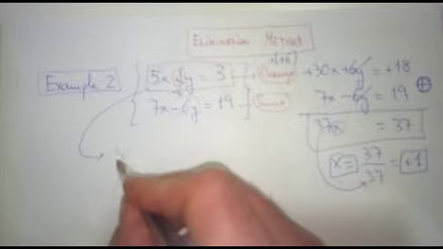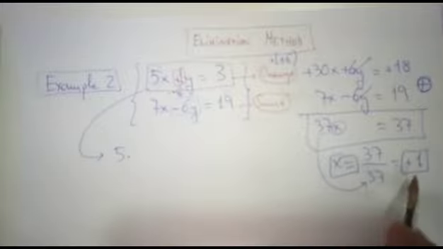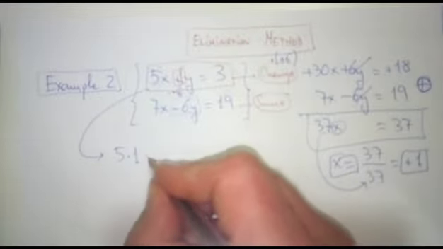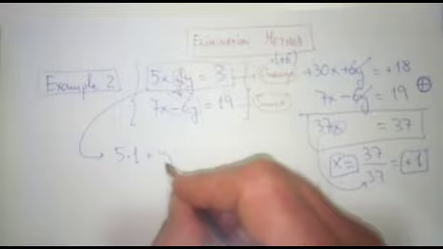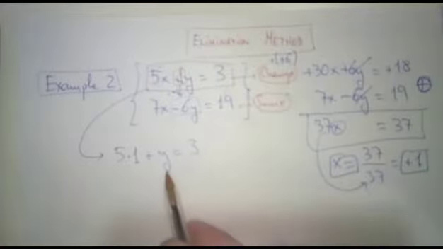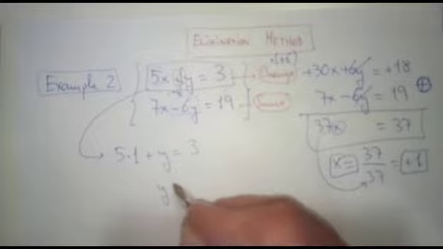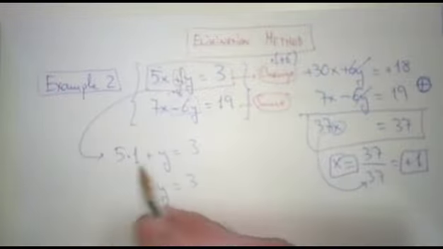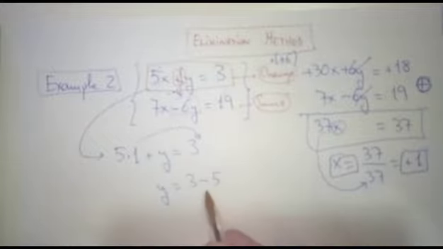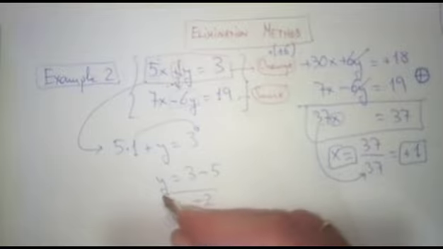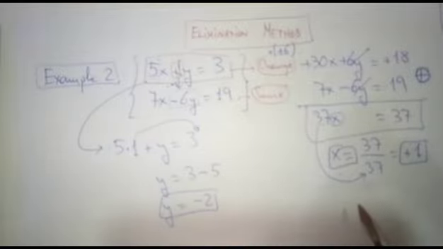So 5 times x, but x is equal to plus 1, plus y, equals 3. The value of y is easily found: y equals 3 minus 5, because the 5 passes here with a different sign. So y equals minus 2, and this is the solution of both unknowns.